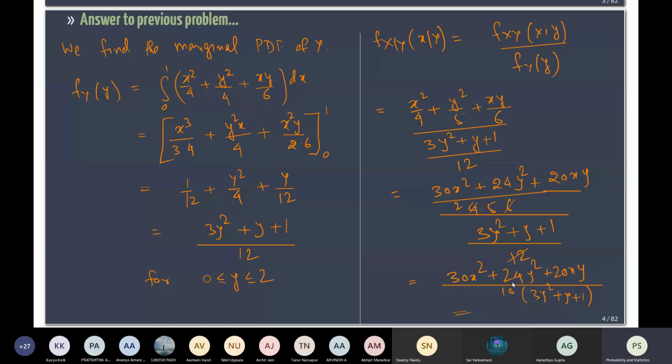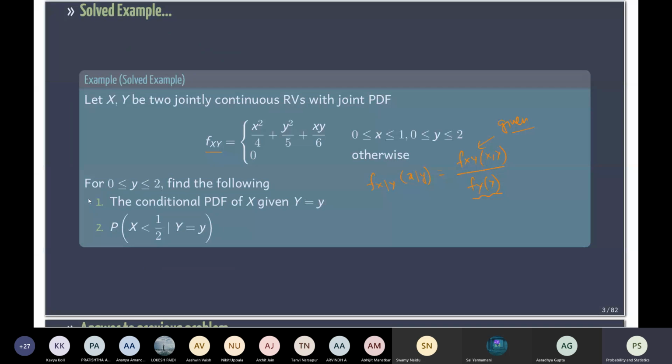So we get some expression here, and this is the marginal. You can compute this, and this is done.